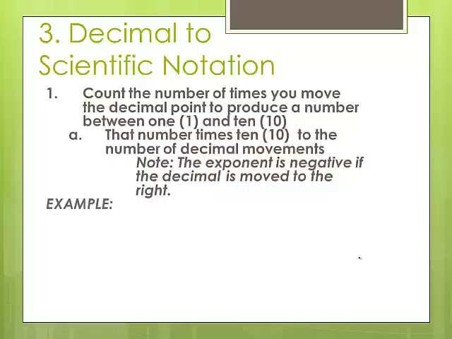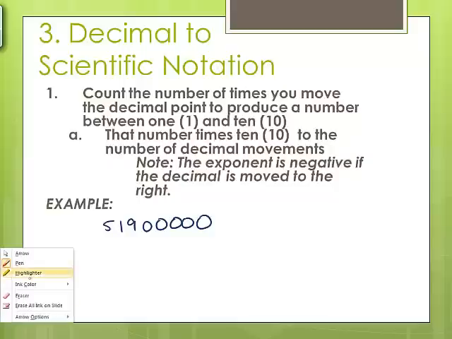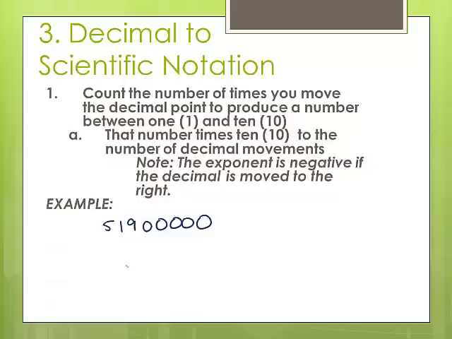So let's look at an example. If we're looking at 519,000,000, and you want to write that in scientific notation, I'm just going to change my pen color here so that we can see what I'm doing. I first want to write a number between 1 and 10. So in this case, I'm going to move my decimal so that it's between the 5 and the 1.